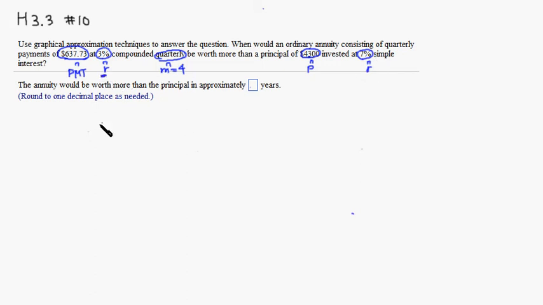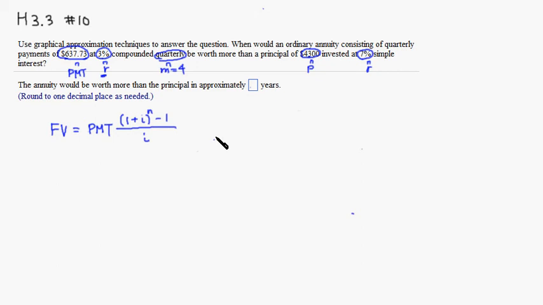Let's look at the annuity one. So it's going to be a future value. Remember that the formula is payment times quantity 1 plus i to the nth power minus 1, over i.